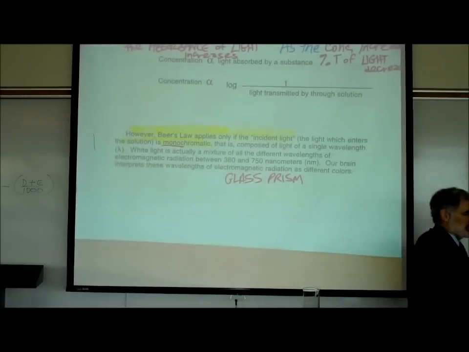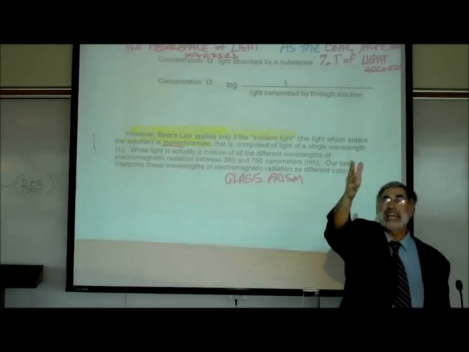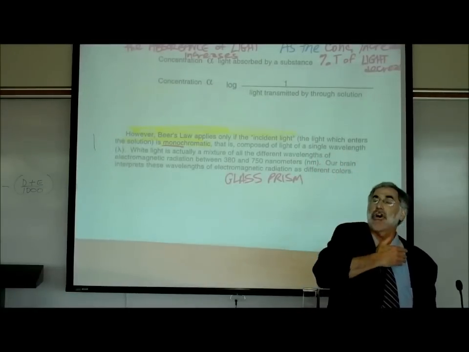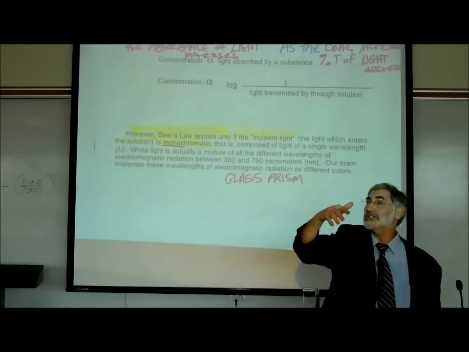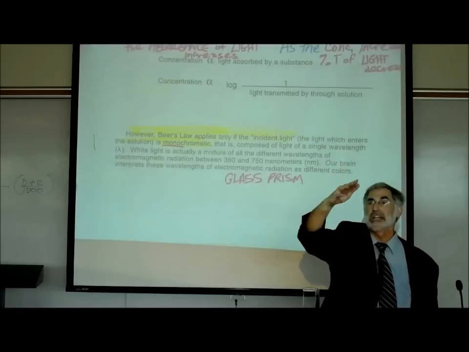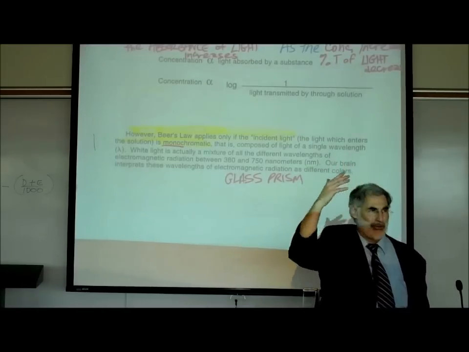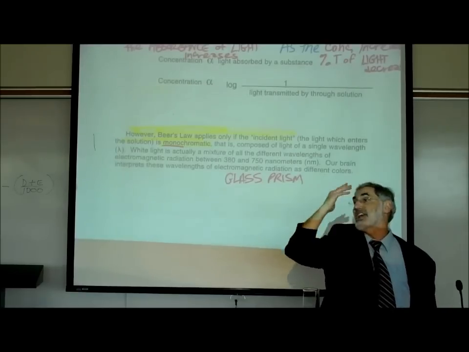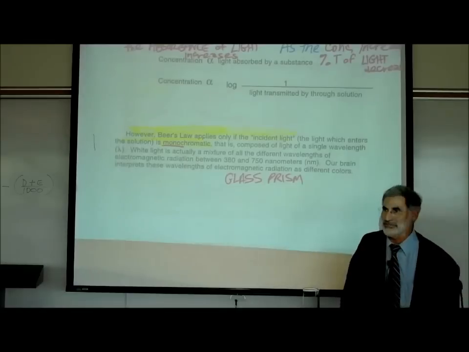Well, I want to remind you of something that I think all of you already know. White light contains all the colors of the rainbow. What looks to us as white light is really a combination of violet and blue and green and yellow and orange and red. And when they're all combined, it looks like white light to us.